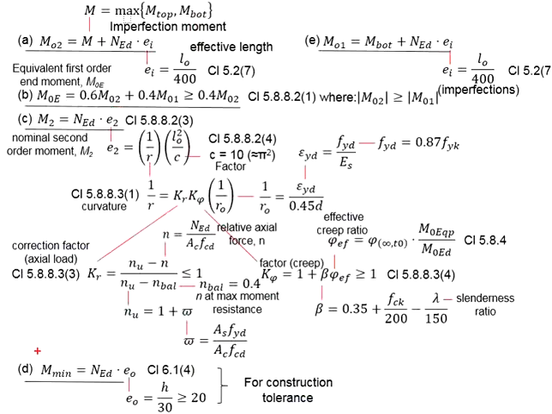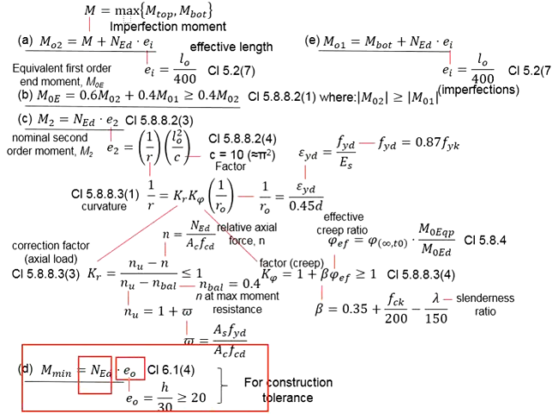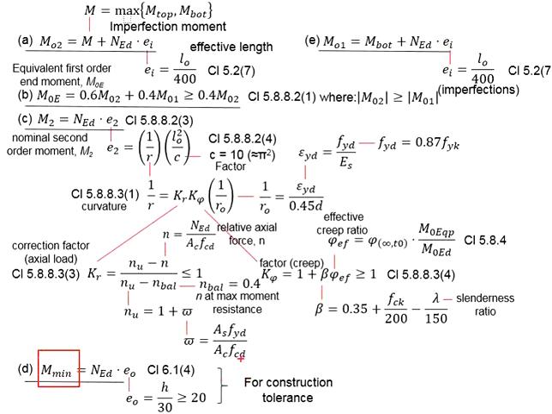It is determined by the equation here, which is NED times E0. E0 is determined by the dimension of the column divided by 30, and E0 should be at least 20 mm. These M-means are meant for the construction tolerance.